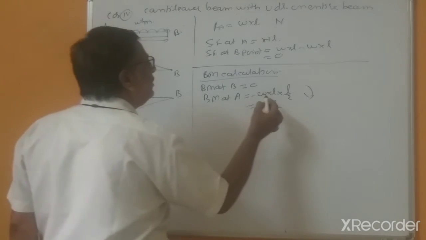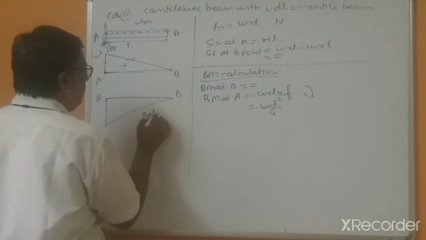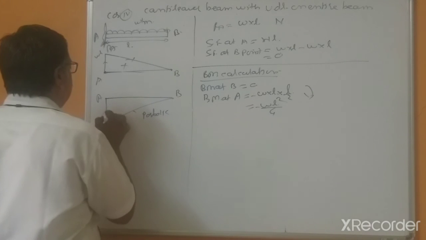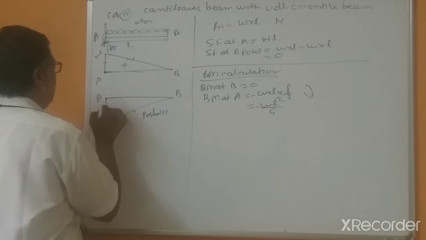And this is L square, so that's why this curve is parabolic, and WL square divided by 4.